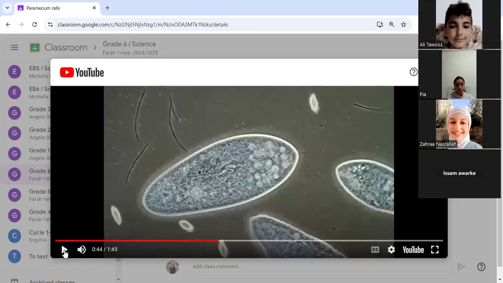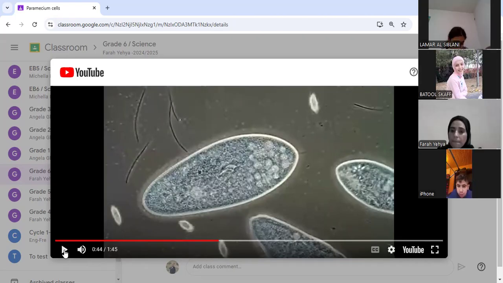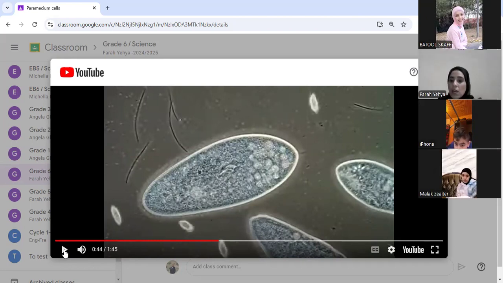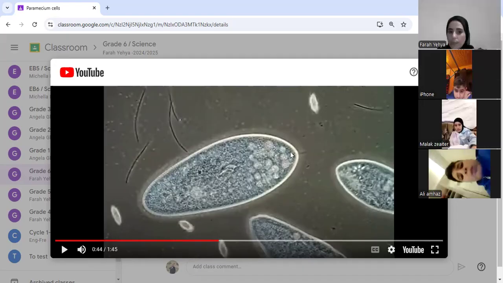What can they do through the microscope? They are big, others inside a small circle, and it's gray. Okay, perfect. Do you know the paramecia have an oval shape? This is what we call oval shape.